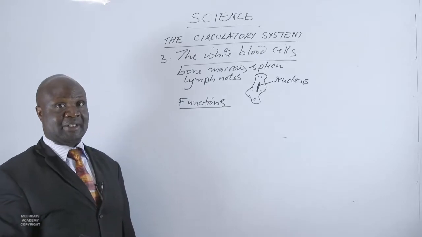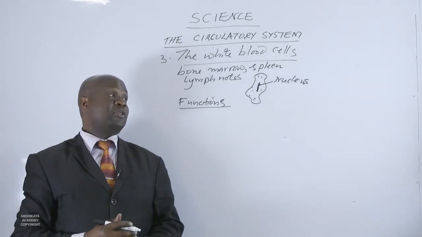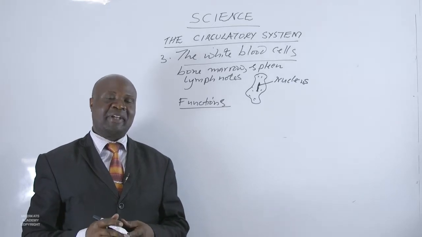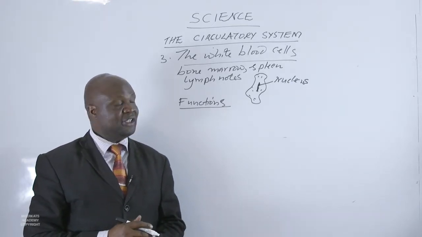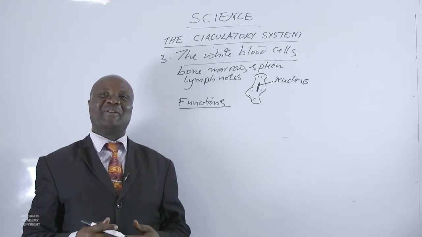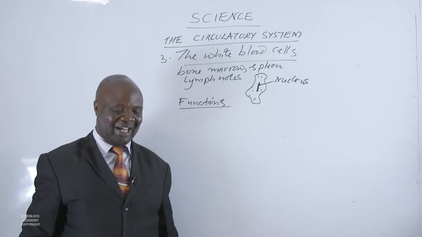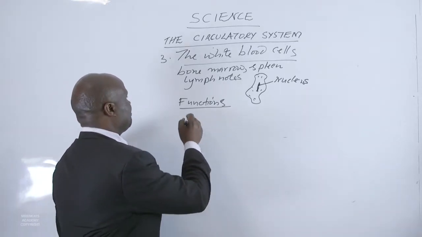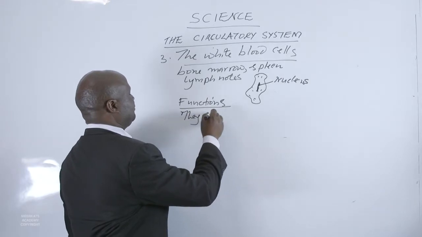So, white blood cells functions. The functions of white blood cells are, we call them body defending soldiers. They defend the body from any foreign attack. They are just like soldiers. So they fight and engulf the germs.